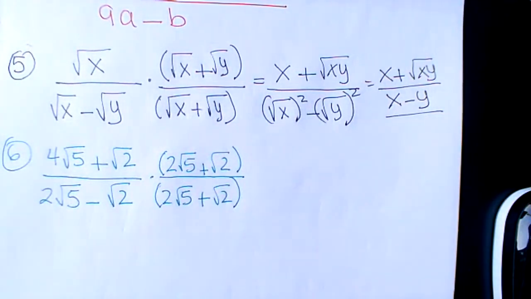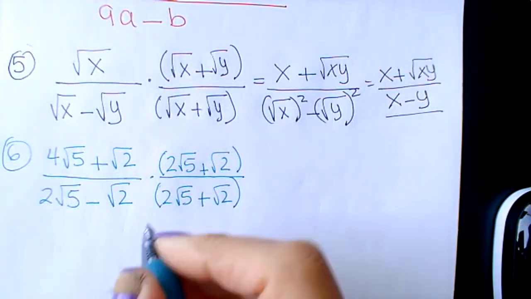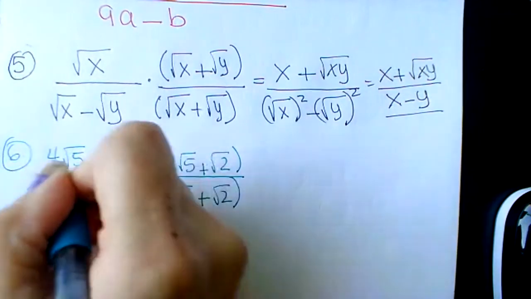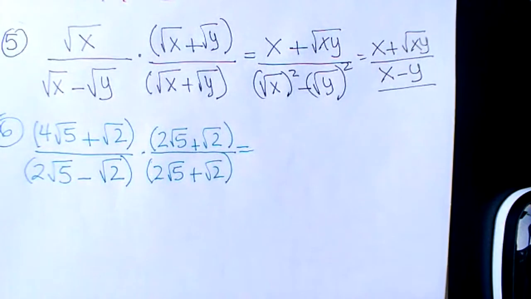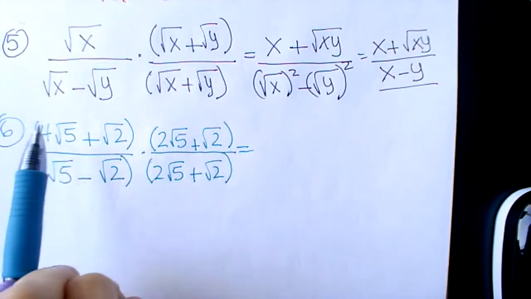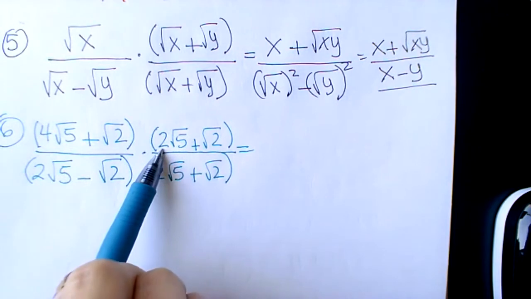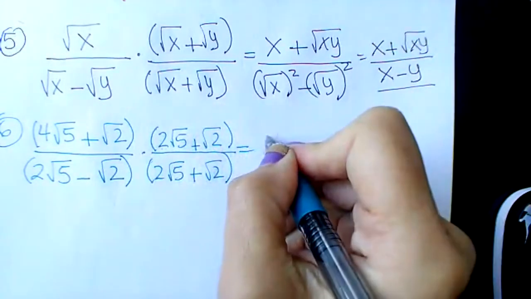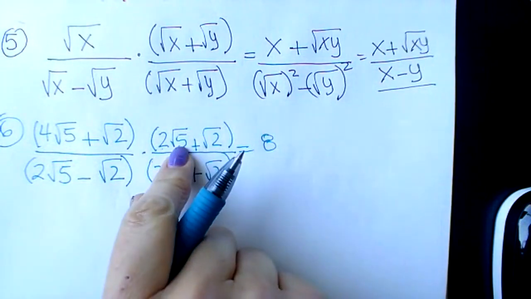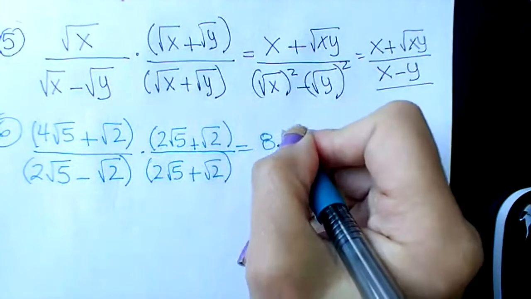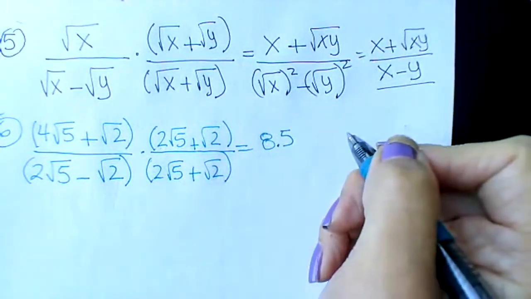Okay. So let's do the top first. 4 times 2 is 8, right? And the square root of 5 times the square root of 5 is the square root of 25. And the square root of 25 is 5.